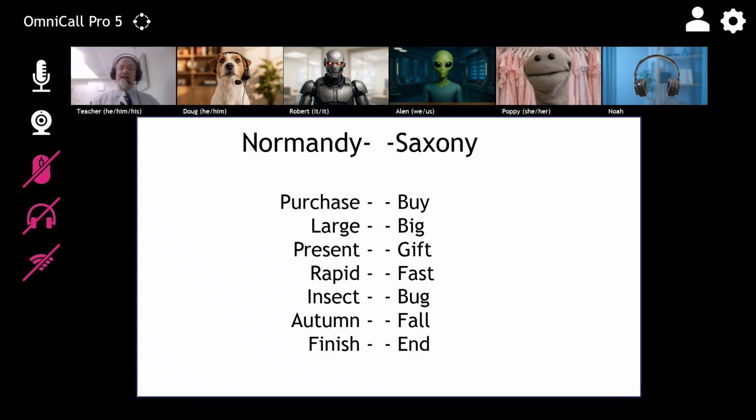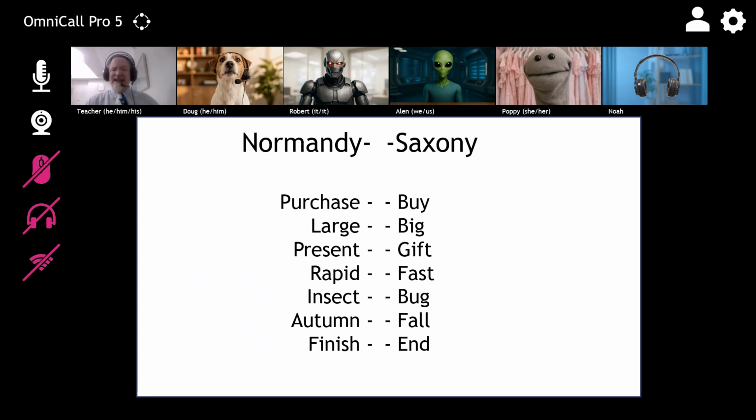Notice in each of these, the Norman words, they're fancier, they're smoother, more flowing, and longer. Saxon words, very short, punchy, direct, they're condensed, and they hit hard. So if Saxon words are short and Norman words are long, does that mean every long word is Norman and every short word is Saxon? Because that seems like a rule I can actually remember.